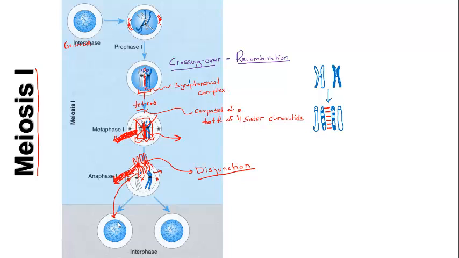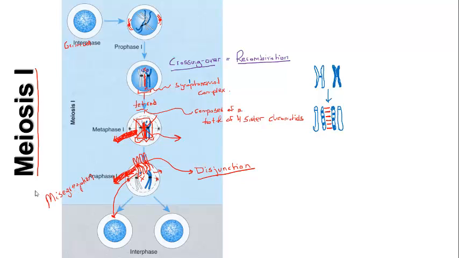All right. So this problem or this failure is known as missegregation. Missegregation results in the erroneous process of non-disjunction. So when you do not have even dispersal of the two homologous chromosomes within a tetrad to either of the resulting cells of meiosis 1, we call that missegregation.